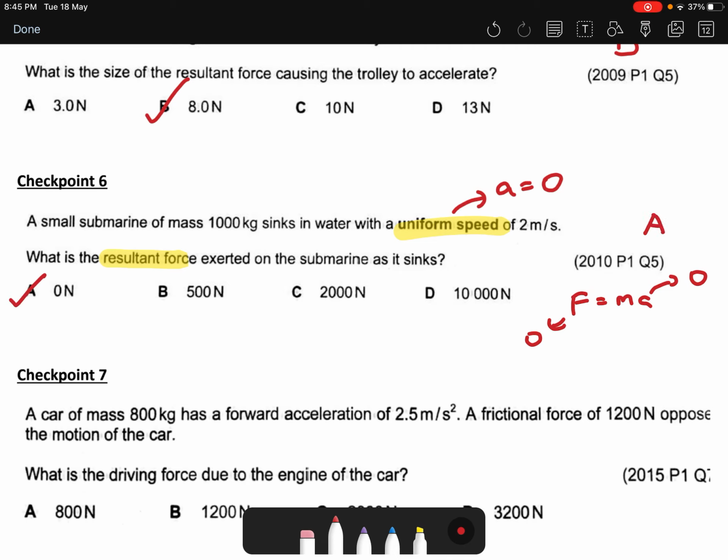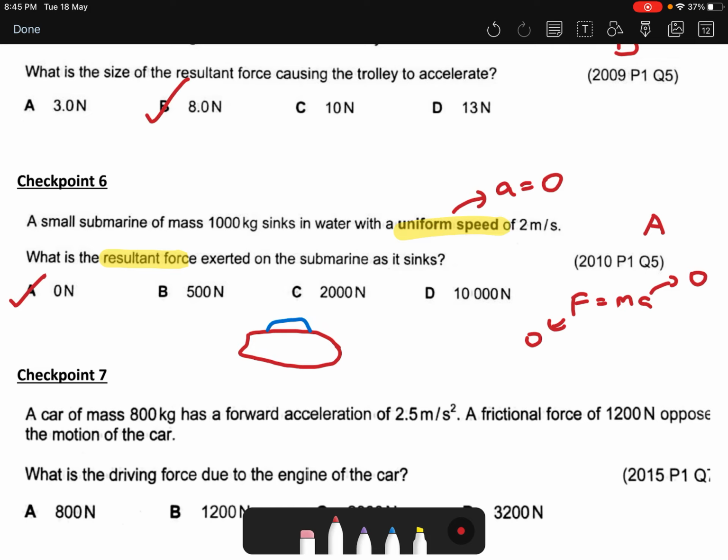Okay, so just something to take note of is that although you do not have any resultant force, let me just draw a submarine. You do not have any resultant force. Doesn't mean you do not have any forces acting on it. Okay, just that the forces cancel out each other.